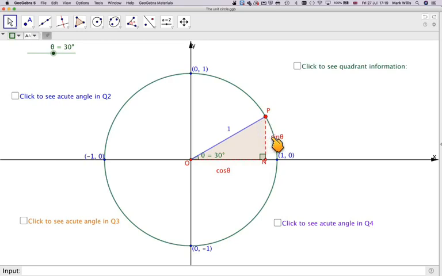We know from our trigonometry that sine of the angle is the opposite over the hypotenuse, but because the hypotenuse is 1, this length is the same as sine of 30 degrees. It's actually equal to 0.5. Similarly, this length from O to N is going to be cos theta, because cos of 30 is the adjacent over 1. Because the hypotenuse is 1, this side is length cos theta.